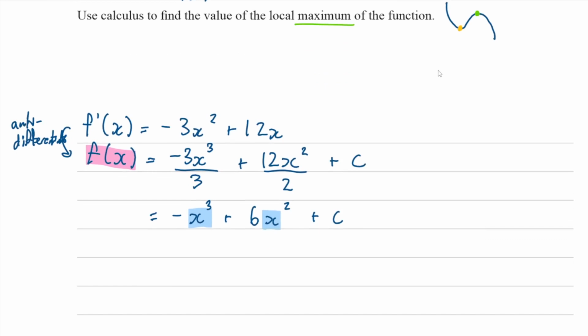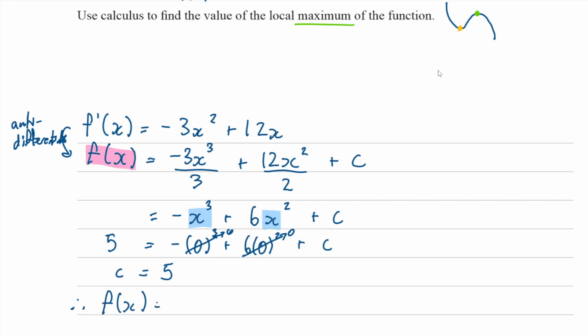Doing that now, f of x becomes 5, x becomes 0, and you'll see that since all the x terms become 0, c will equal 5. Therefore, our original function f of x is exactly what we had up here, except we can now fill in c: minus x cubed plus 6x squared plus 5. Great, so we found the original function.